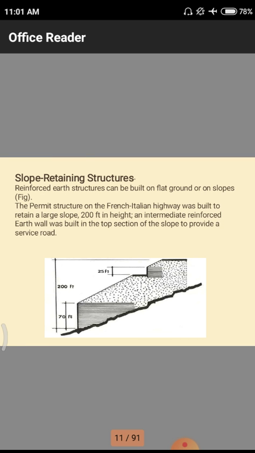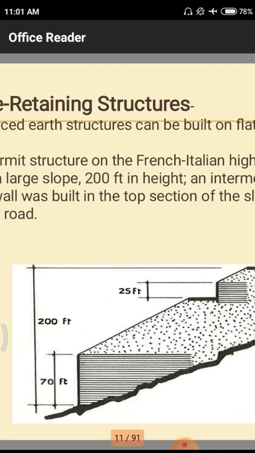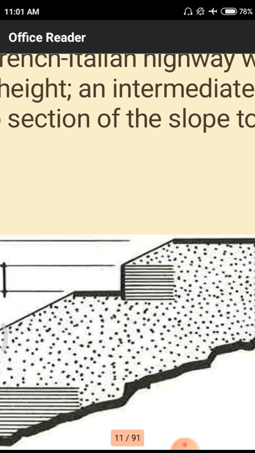This is the slope retaining structure. Here we have to observe the thickness of the slope retaining structure. On the top part we have a 25 feet thickness. In the bottom part we have a 70 feet thickness. The dotted portions are simply soil particles.